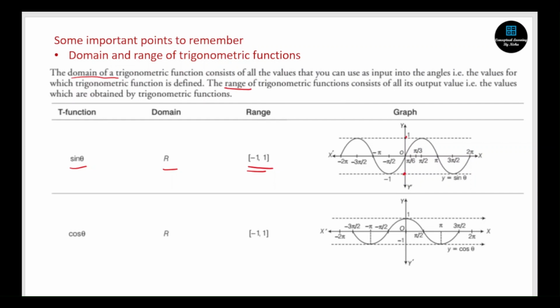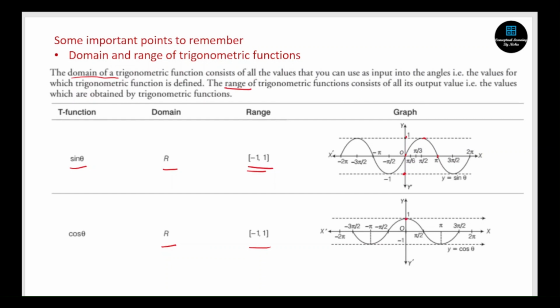So this is the graph. And sin 0 is 0, so we know that it passes through 0. Then sin pi is 0, and sin pi by 2 is 1. So this is how it changes, right? Same way cos theta, real value is the domain. Again that can take any value between -1 to 1.